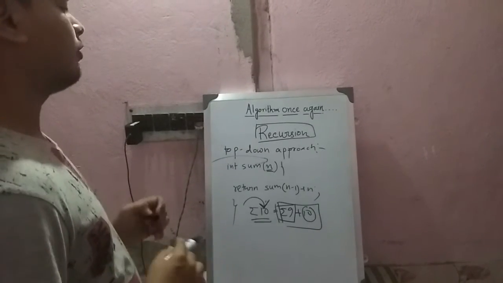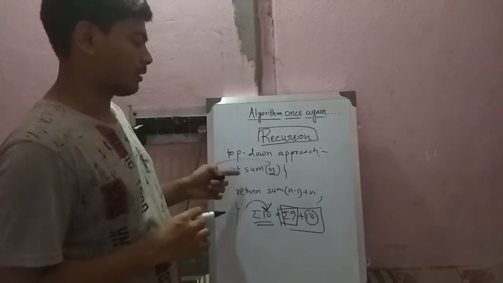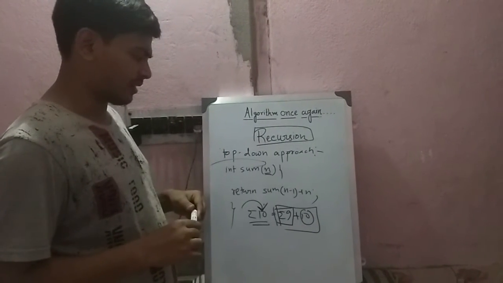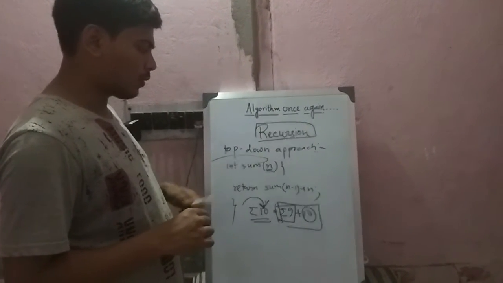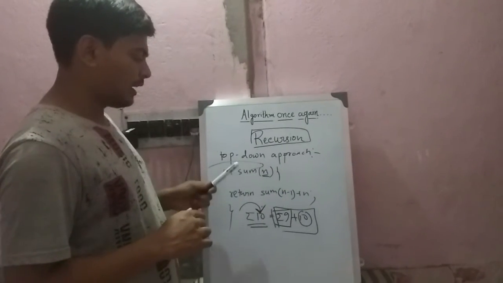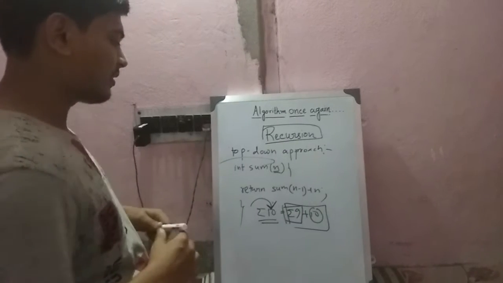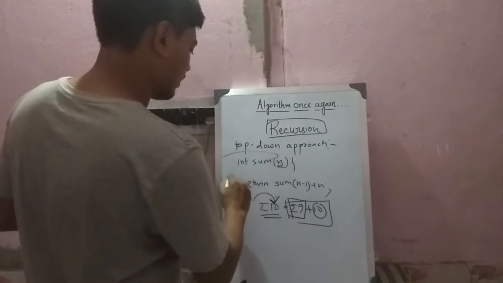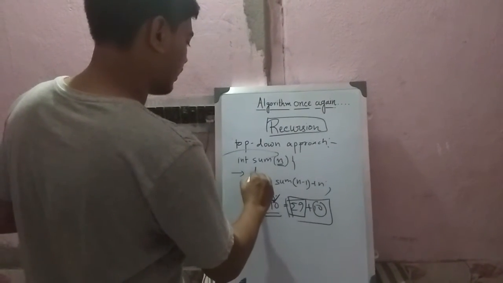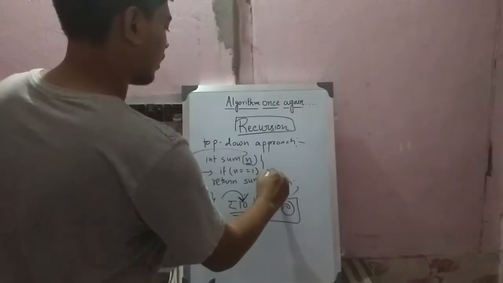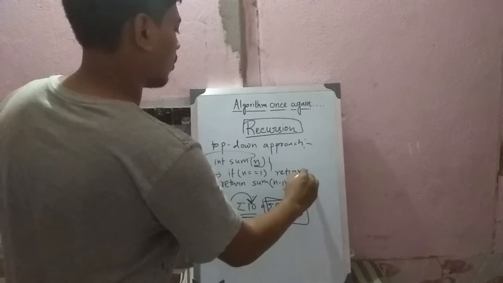If you see the code, there is a minor bug, because I haven't used any base case. If you execute the code, it might fall into an infinite loop, right? So what is the base case? In this line we write: if n equal to 1, return 1.